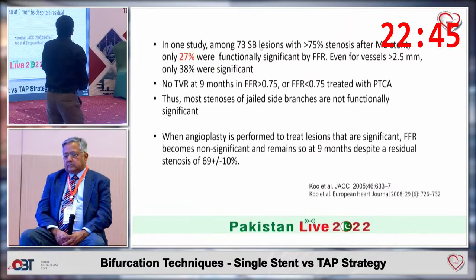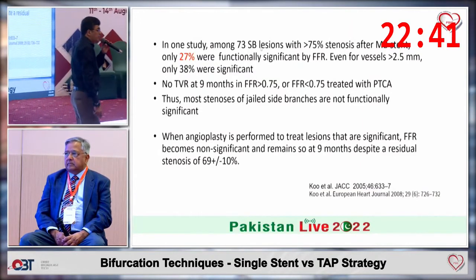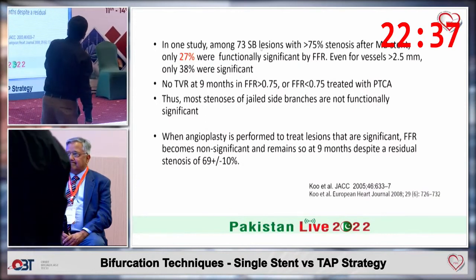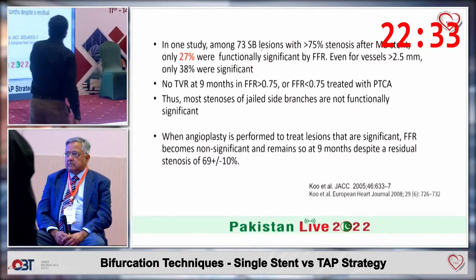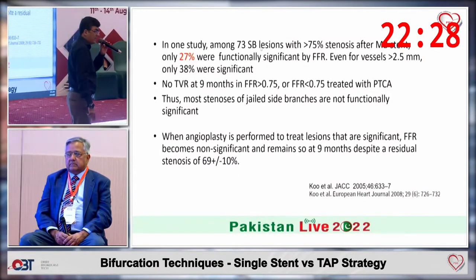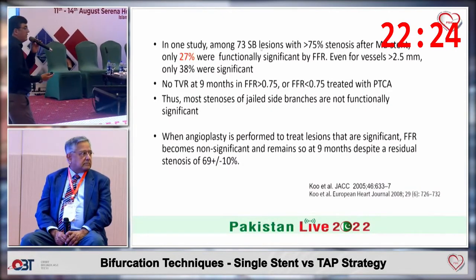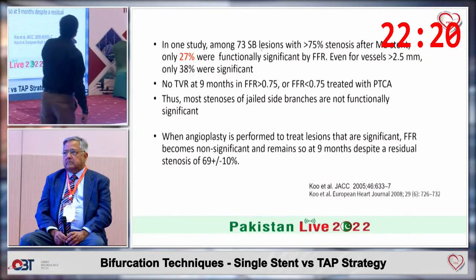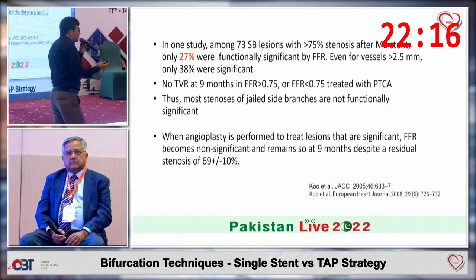This is a very important paper published in 2005 by Koo et al., which showed that among 73 side branch lesions with more than 75% stenosis after main branch stenting, only 27% were functionally significant by FFR. So angiographically it looked quite tight, but only 27%, less than one third, were FFR significant. There was no difference in TVR at 9 months between FFR more than 0.75 or less than 0.75. Even if they went with stenting, the difference was not existent.